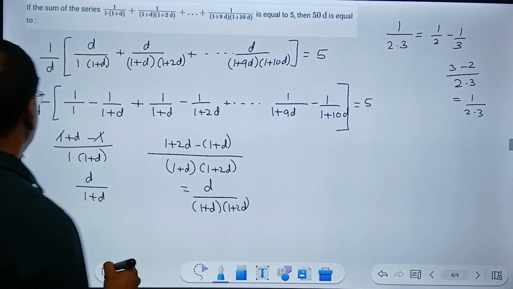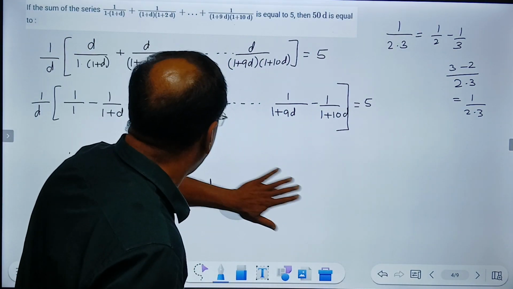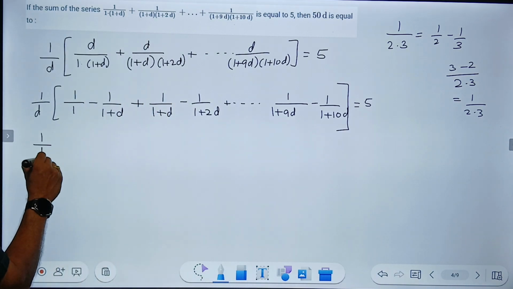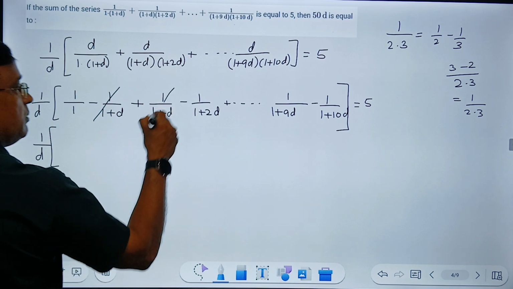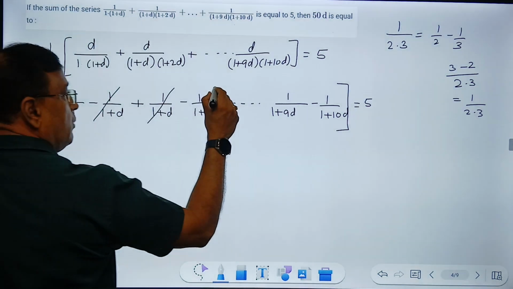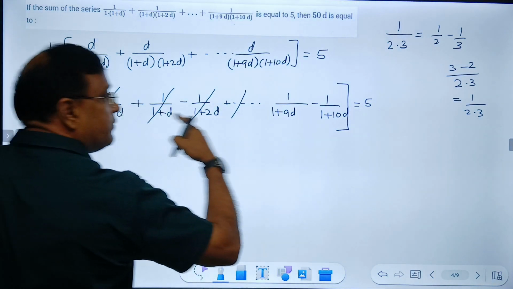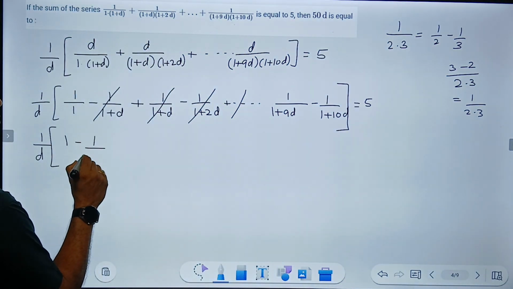Close the bracket. Correct? Once that is done, this is 1 by d into 1 by 1 plus d, and 1 by 1 plus d get cancelled. 1 by 1 plus 2d, and you will have 1 by 1 plus 2d, it will get cancelled. Everything gets cancelled except the first and the last term.